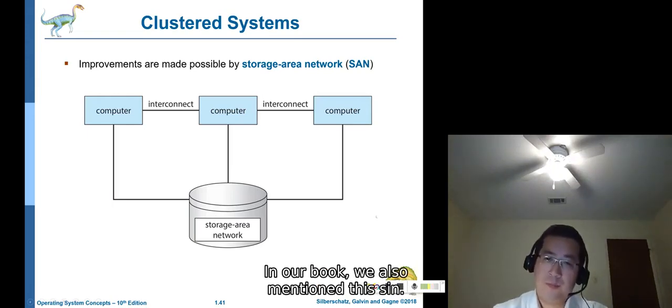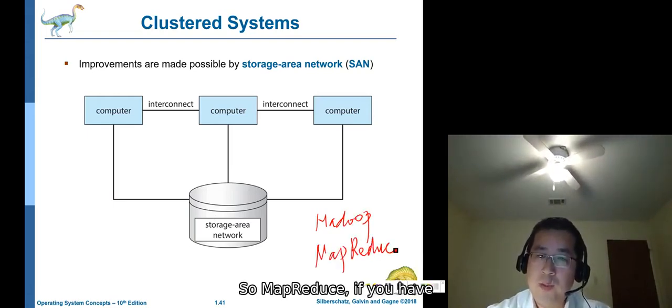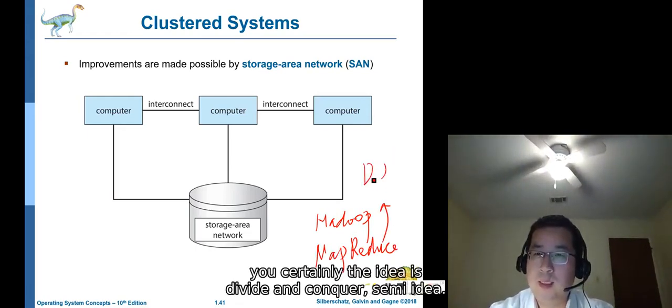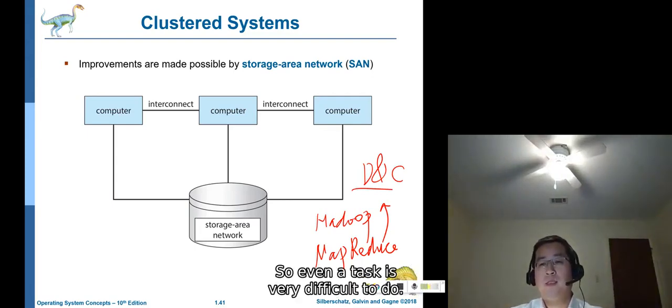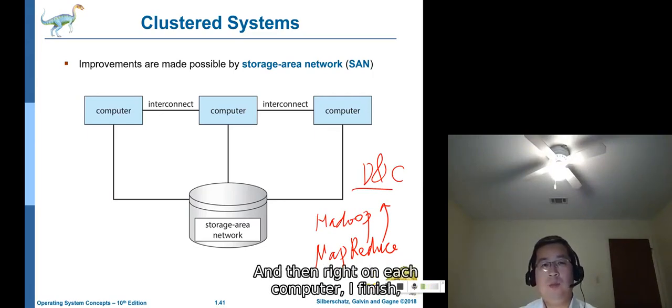In our book, we also mention this. If you have learned algorithms, MapReduce is exactly the idea of divide and conquer. If a task is very difficult to do, you divide it into small tasks, right? And then run each on a computer.